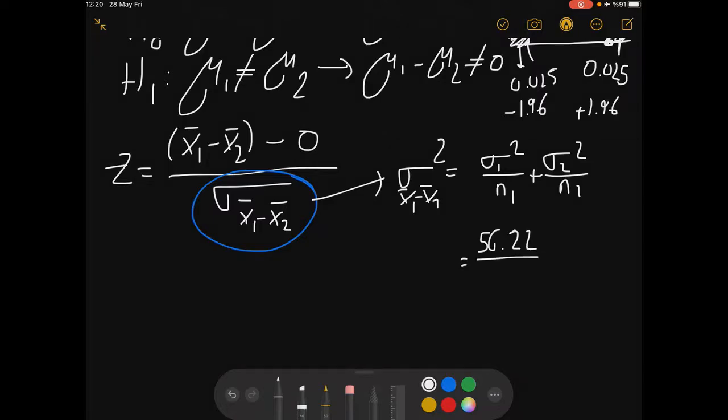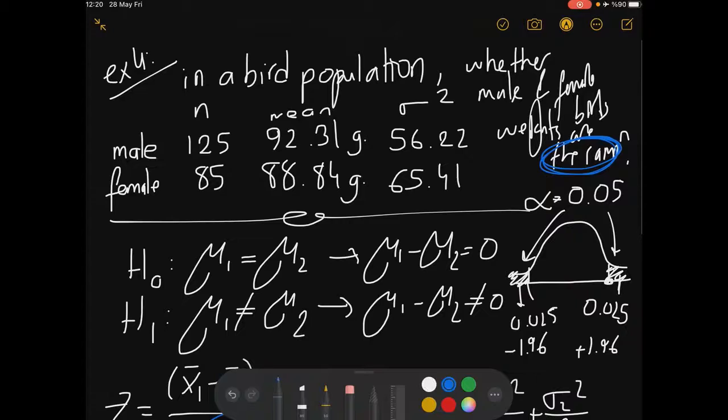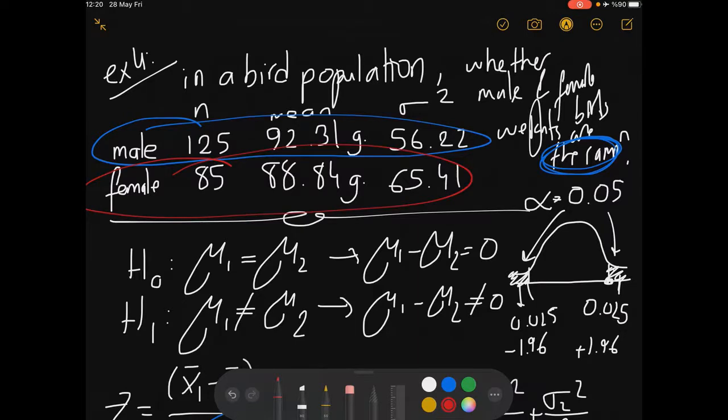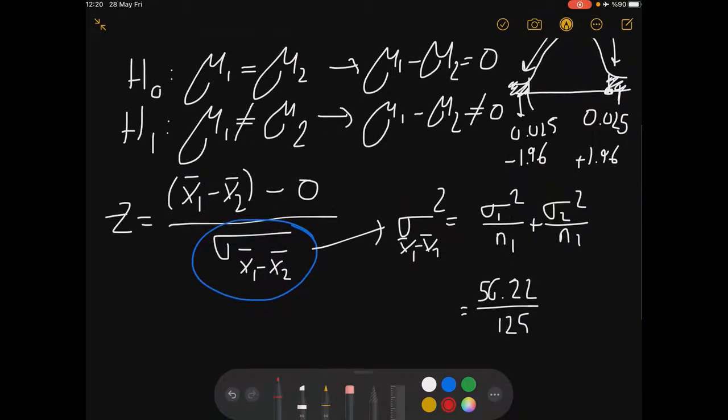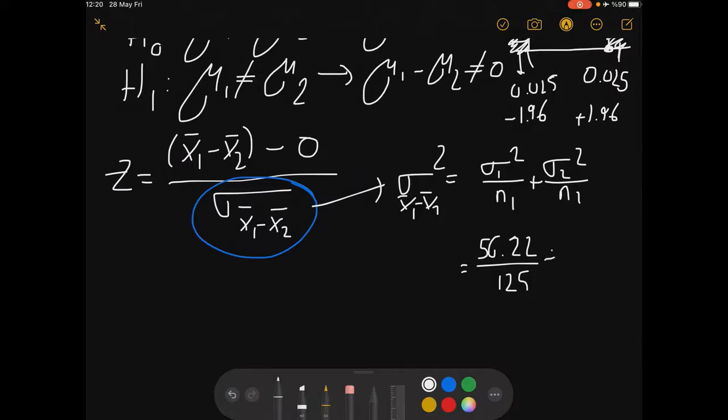All right, so what you have here will be 0.22 over 125. This is for the male birds that you have here, and for the female birds you will have 6541 divided by 85 female birds, and in the end you will have 0.49 plus 0.